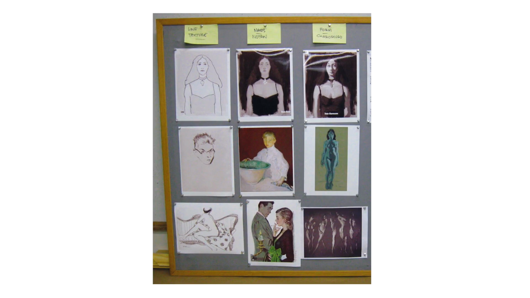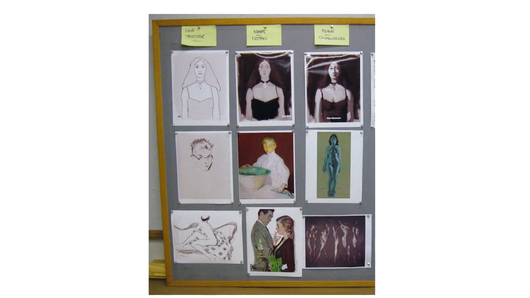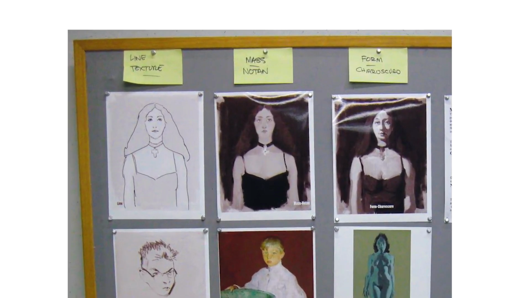In these drawings on the left, let's look at them across the top. In the drawings across the top, there's just a line drawing on the top left. The middle top is just mass, or flatly lit, or notan, and the one on the right is chiaroscuro.